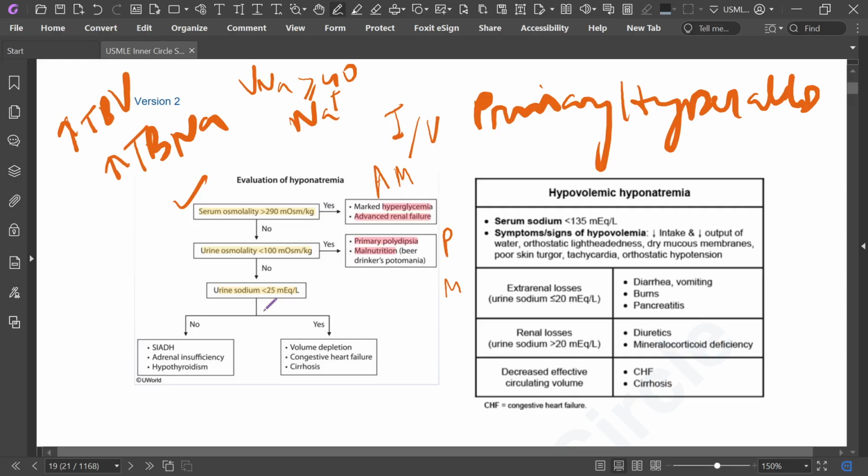If urine sodium is less than 25, then it is volume depletion, congestive heart failure, or cirrhosis.